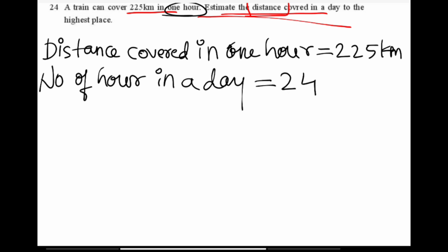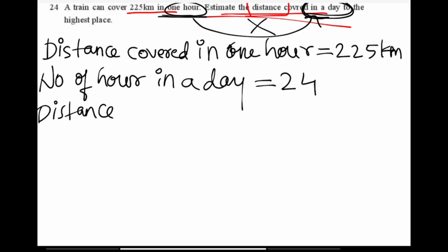Yes. So what do we have to do now? You have to calculate in a day, because it is given in hours. Of course, you have to do the multiplication, right? So let us do it here. We'll write distance covered in 1 day.